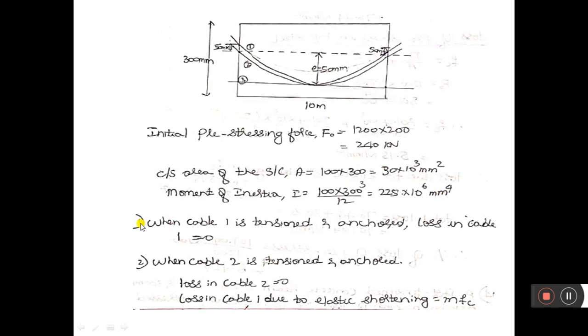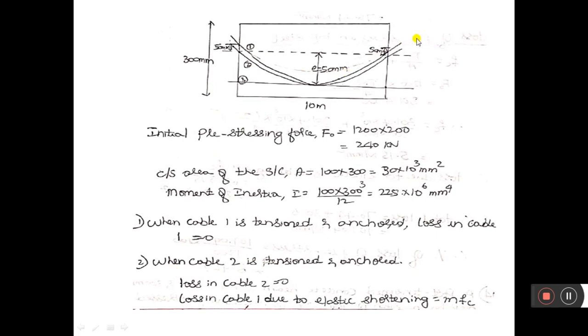Now let us consider the loss in the first cable due to elastic shortening when it is pulled. When cable 1 is tensioned and anchored, the loss in cable 1 is 0. Cable 1 is tensioned and anchored, therefore the loss occurring in cable 1 is equal to 0.